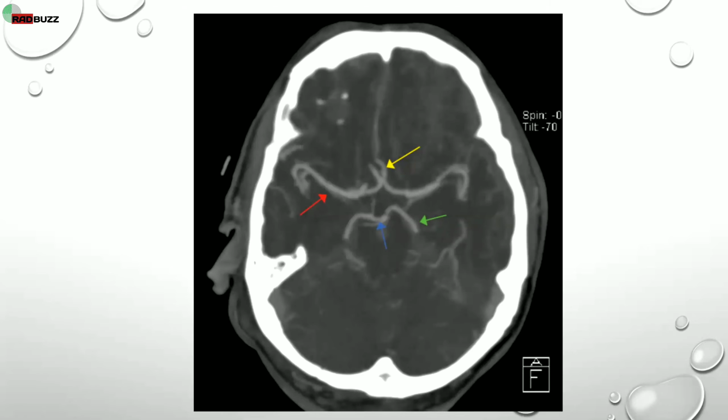Regarding the arterial anatomy, the circle of Willis is the most asked thing. Is the circle of Willis patent or not? So how is it formed? Basically, the posterior circulation is by the basilar artery. This is the basilar artery, which is in the midline. It's formed in front of the pons and divides into two posterior cerebral arteries.